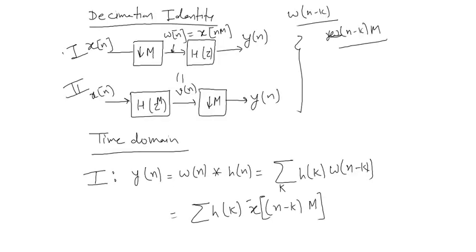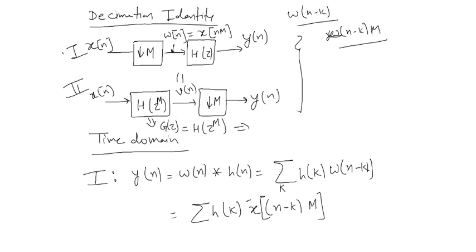If I go back and show you, the filter is now H of z to the power M. How will it be z to the power M? We can equate this filter to another filter, let's say G of z, where G of z is equal to H of z to the power M. So what will be g of n?